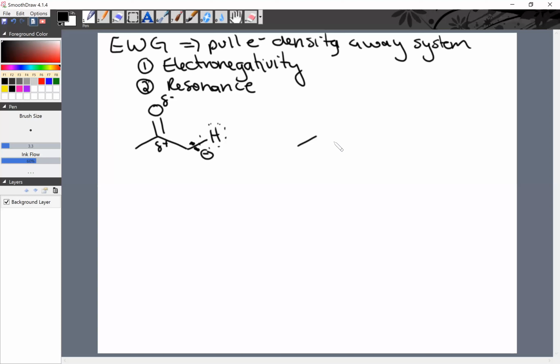And with the resonance, it's not just a partial positive, it's actually a formal charge, true positive. So I would say this one's a little bit more important. But they are working together.